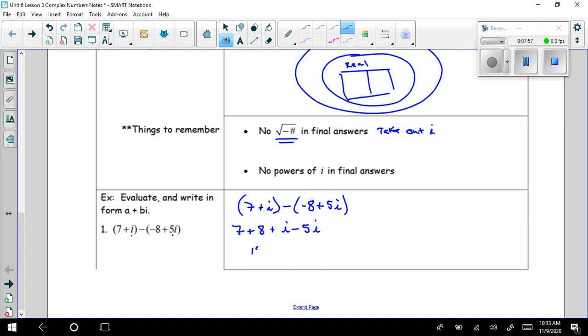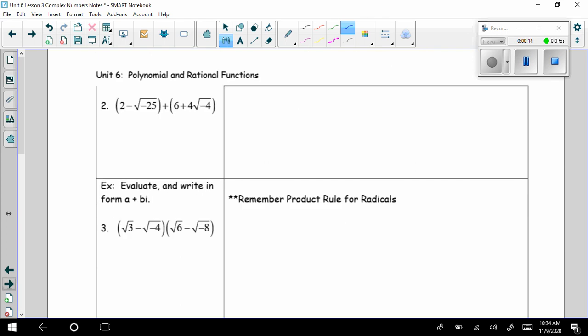So 7 and 8 is 15, minus 4i, just my coefficient changes, just like when I am dealing with radicals. Okay, so they work pretty much the same way as that. Make sure your imaginary term is second when you're doing that.